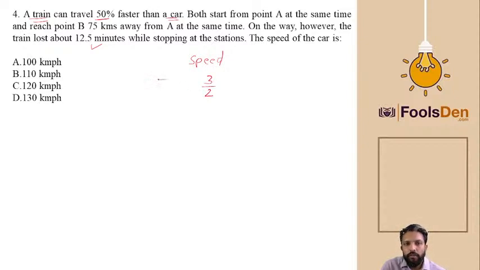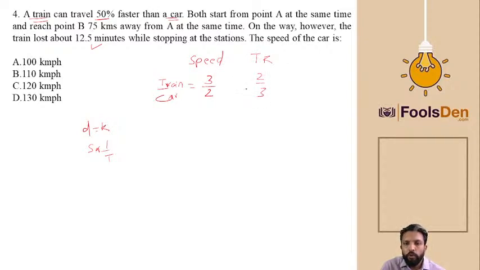This is the ratio of the train's and car's speed. Now, the distance is constant here, and we know that when the distance is constant, the relation between speed and time is inverse. Higher the speed, lesser the time. So we'll just invert it to get the ratio of time.